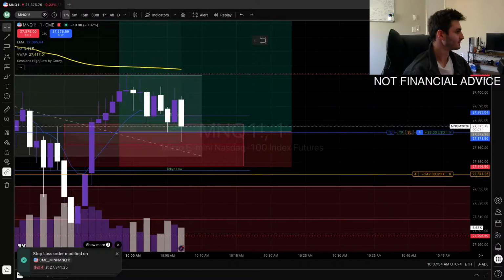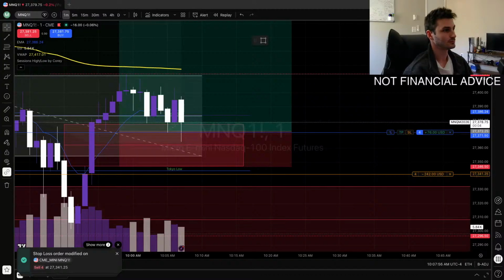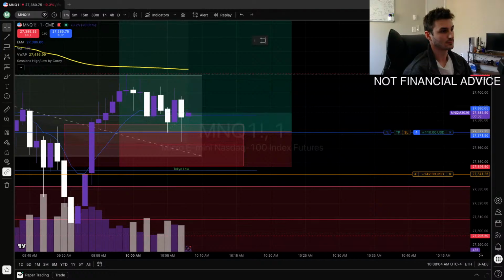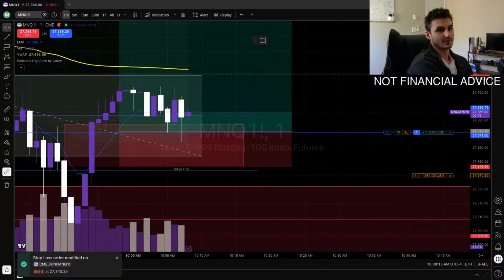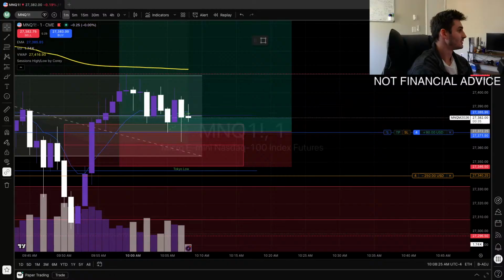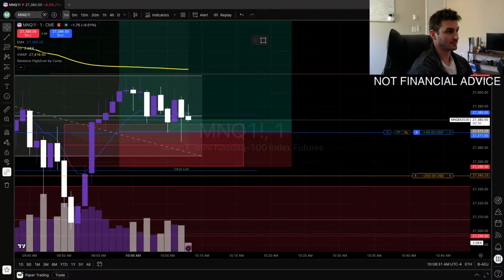That's what we need to do. See if we can push up here. We've now touched this gap 3 times, so we'll see how we act after it.